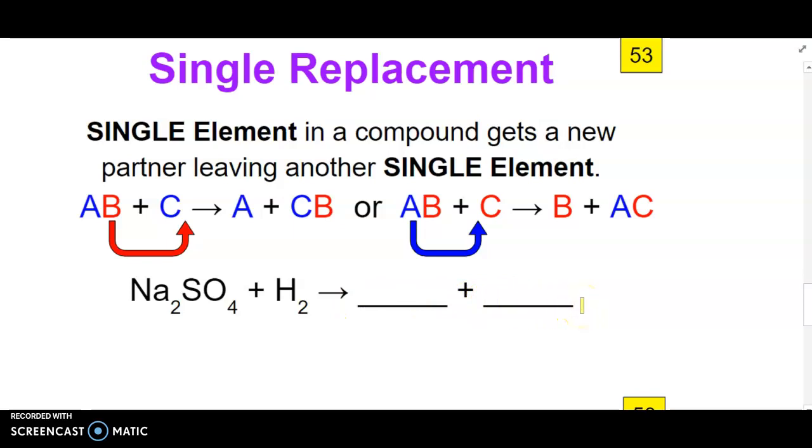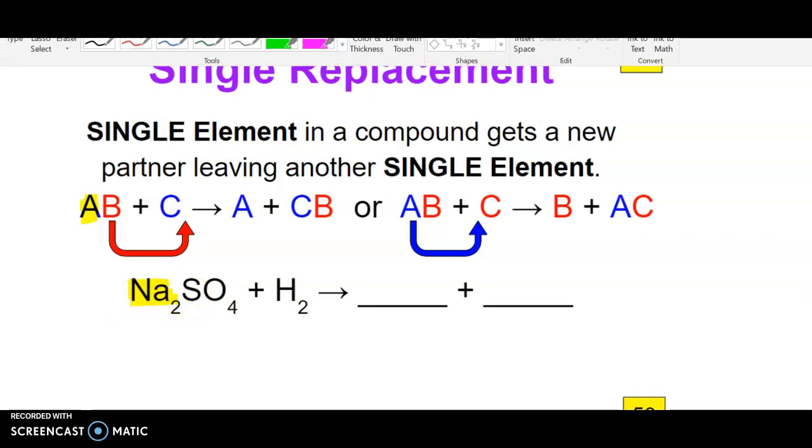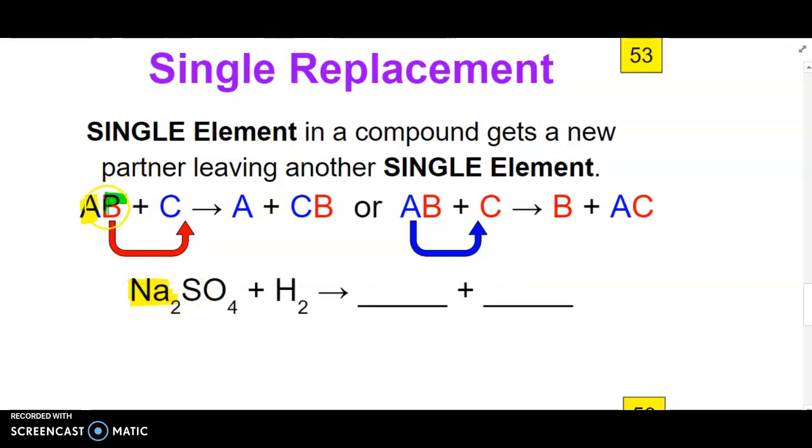I'm going to highlight here what my A is. We're going to call A sodium. And then for B, make that green. That's my SO4 compound. And my C is my hydrogen.